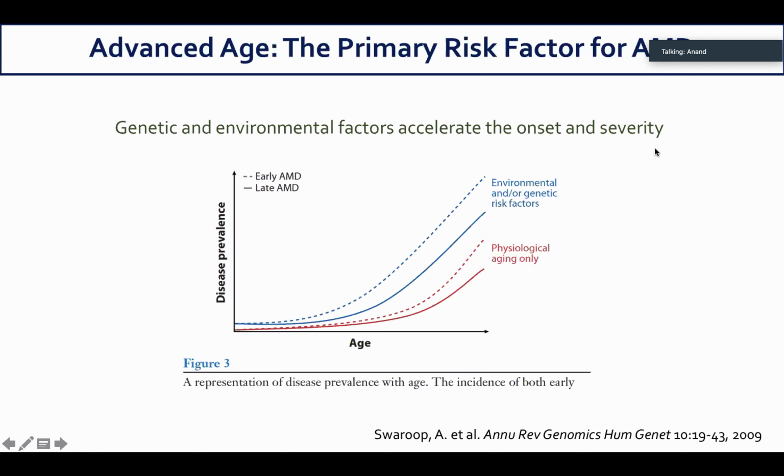So we were thinking in a different way. We were not saying that genetics is the driver or environment is the driver. I've been trying to say that age is the driver for disease. What genetic susceptibility and environment do is accelerate the process, but they can also slow down the process. They can also reduce the severity.